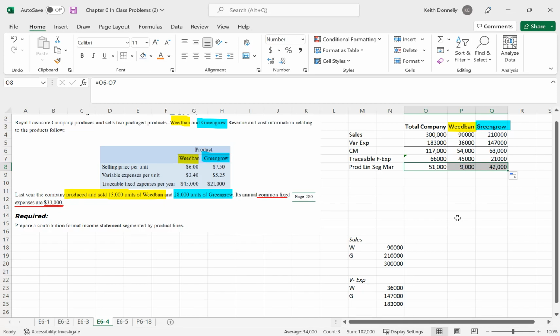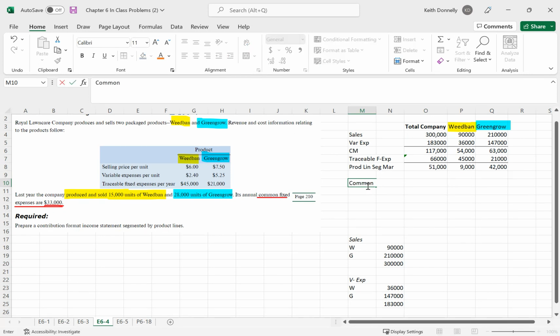One of the items we got to be aware of, at least from a total company standpoint, is our common fixed expenses that are not traceable to products.